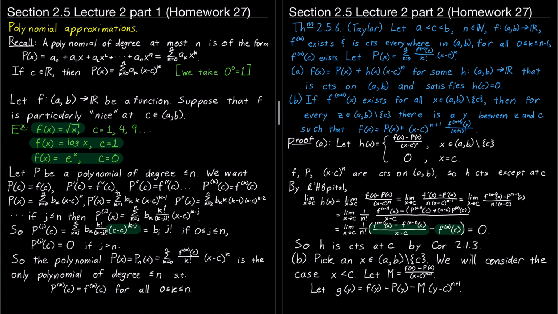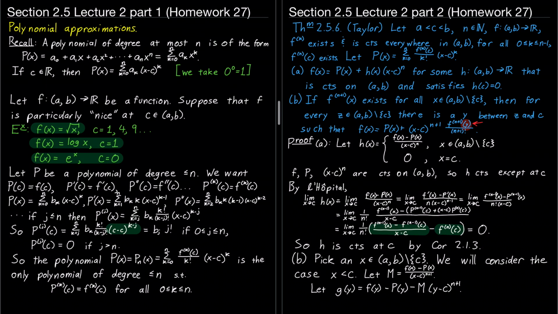And then g of y, as far as this function g is concerned, y is the only variable in the world. So we're going to be finding the y that is this y up here in the statement of the problem. That's what we're thinking of as our variable. So m, I gave you a complicated expression for m with x's and c's and n's in it, but for now we're going to think of m as being a constant.